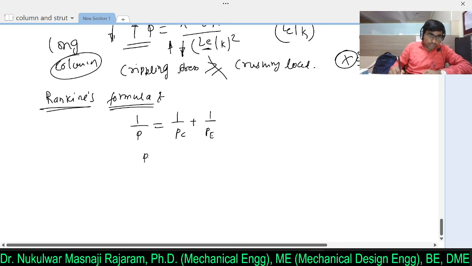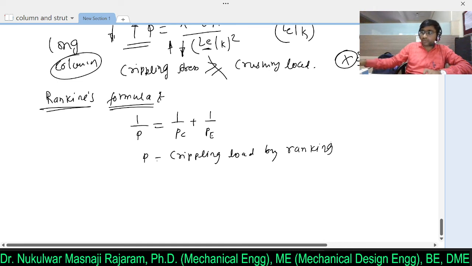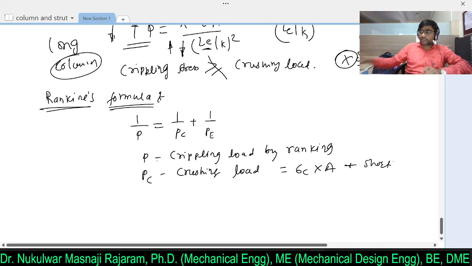So in this equation, P is nothing but the crippling load by Rankine. Simple. Now Pc is nothing but the crushing load, and it can be given as crushing stress into area. So it is used for the short column. Simple. It is used for the short column.